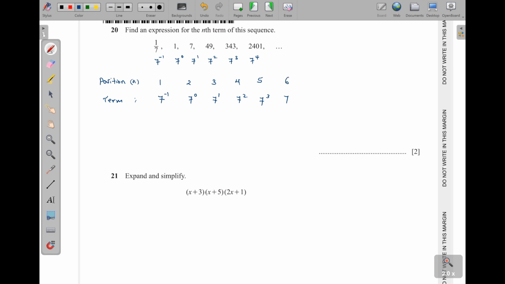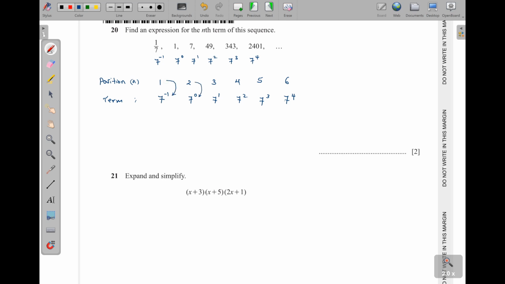We also have 7 power 4. Now, because they are powers of 7, then 7 is the constant here. Okay, so what is changing is the power of 7. Now, look at these positions, how they are connected to the powers.